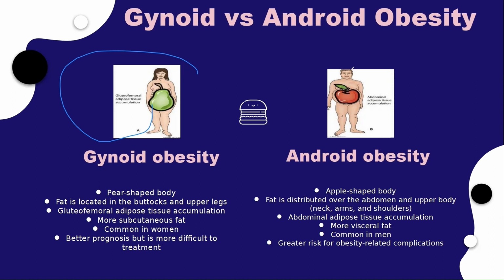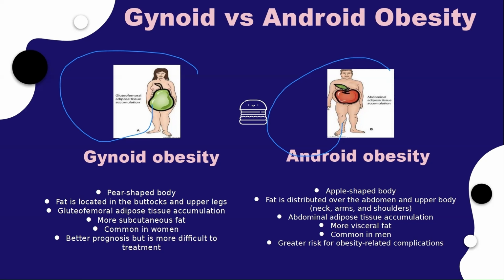On the other hand, we have android obesity, and that is often termed as apple-shaped body fat distribution. It involves the accumulation of fat predominantly in the abdomen and upper body, including the neck, arms, and shoulders. This type of obesity is characterized by abdominal adipose tissue accumulation with a higher proportion of visceral fat, and that is fat that surrounds the internal organs.